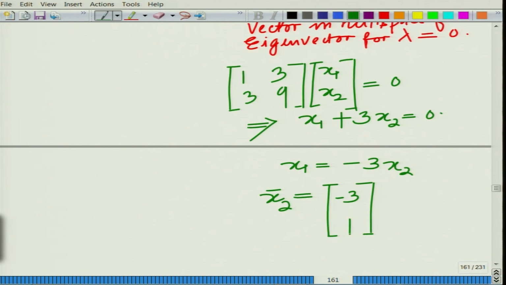In fact, this is also a basis for the null space of the matrix A. You can say this also corresponds to an eigenvector of the matrix A corresponding to the eigenvalue 0, which is essentially the same thing as saying A x bar equals 0 times x bar, which is 0, and that essentially says that x bar is in the null space of A, right. I hope that is also clear.